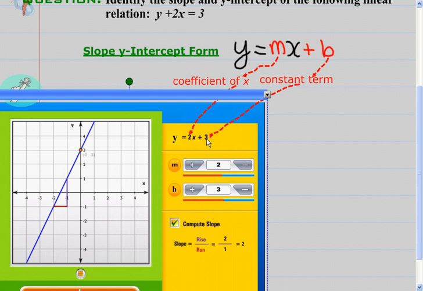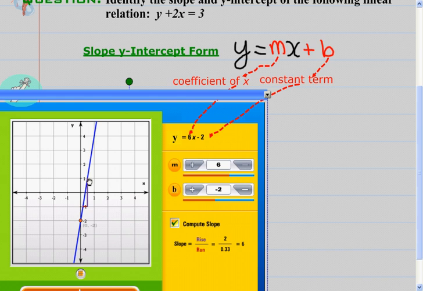Notice it's at 3. Let's change this y-intercept. Let's make it a little bit higher. Notice the y-intercept now is at 5. Notice on the equation, the constant term is now 5. And similarly, we can go down, and the same occurs. A -2, y-intercept's at -2. Same with the slope. If I modify the slope, make it steeper, the slope of 6.